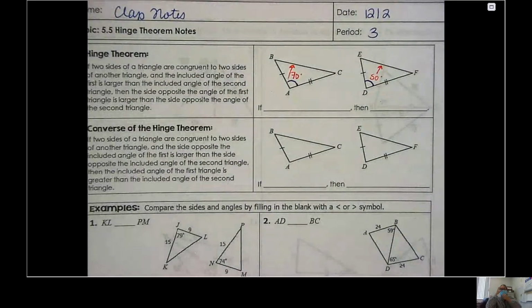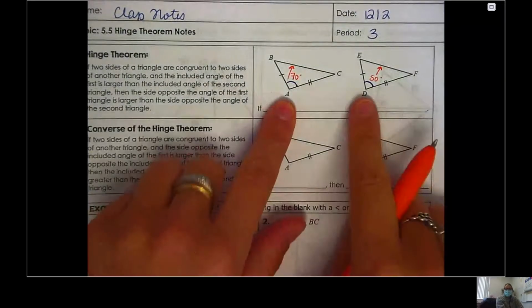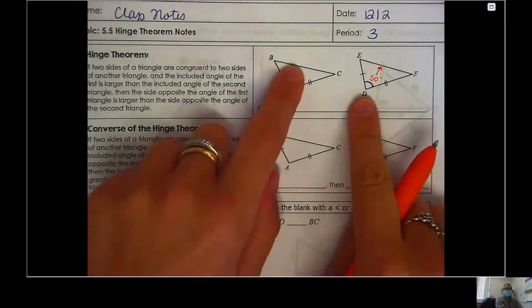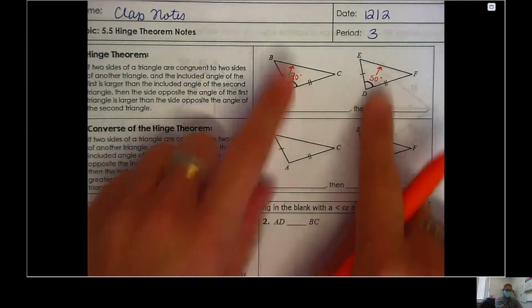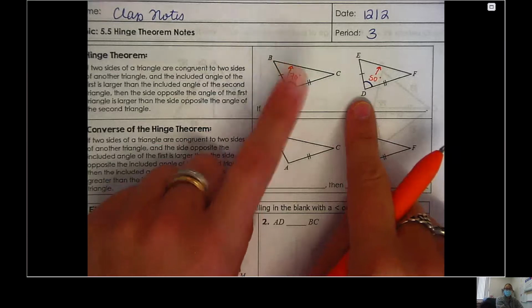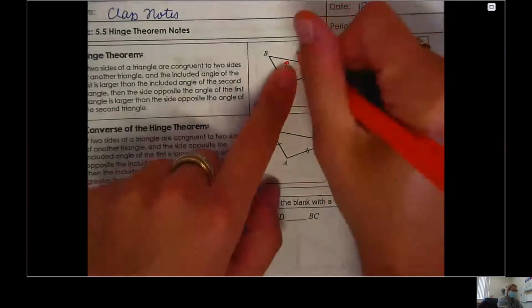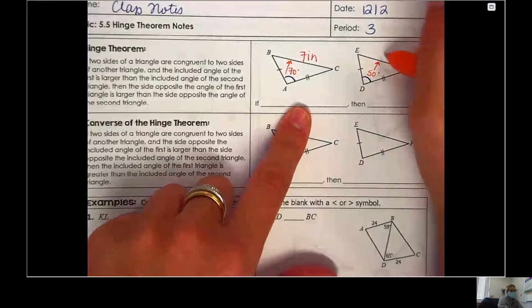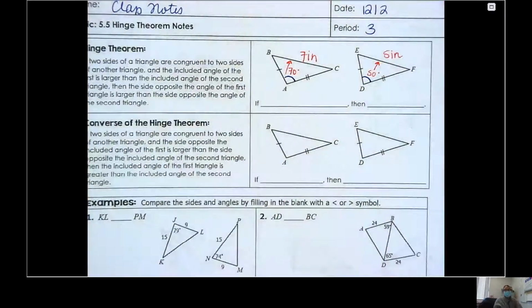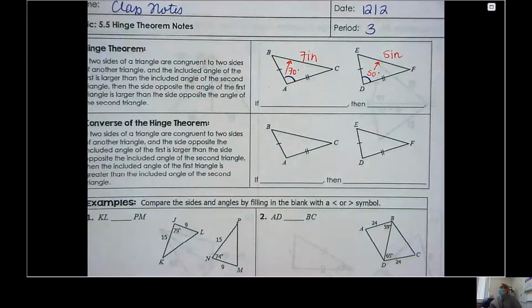EF. So because angle A is bigger than angle D, that means this side is bigger than this side. That's all that the theorem says. So if this one's 70, let's say this side was 7 inches, well, that means this one has to be smaller than 7 inches. Maybe it's 5 inches. I don't know. It just is smaller. That's all that the theorem says.